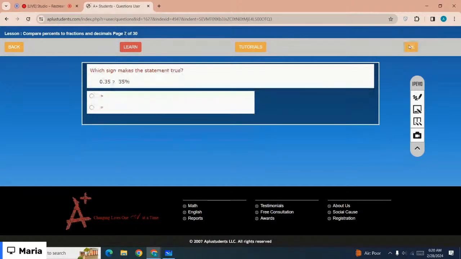Okay, which sign makes the statement true, which is the correct option? They both are exactly equal, right?